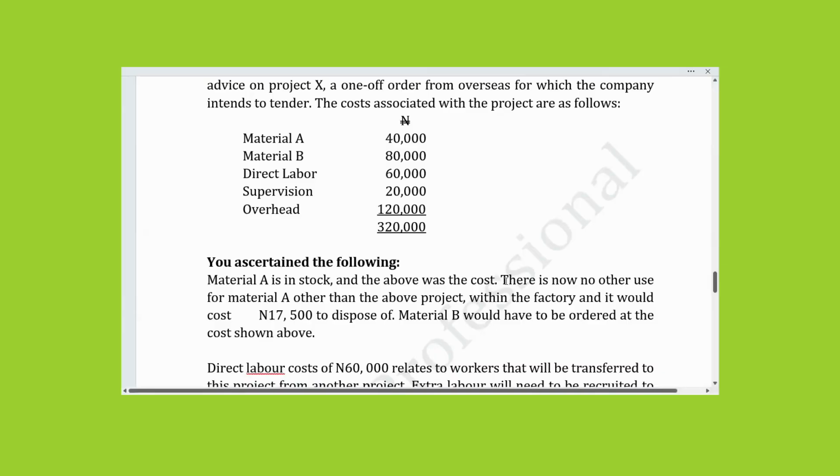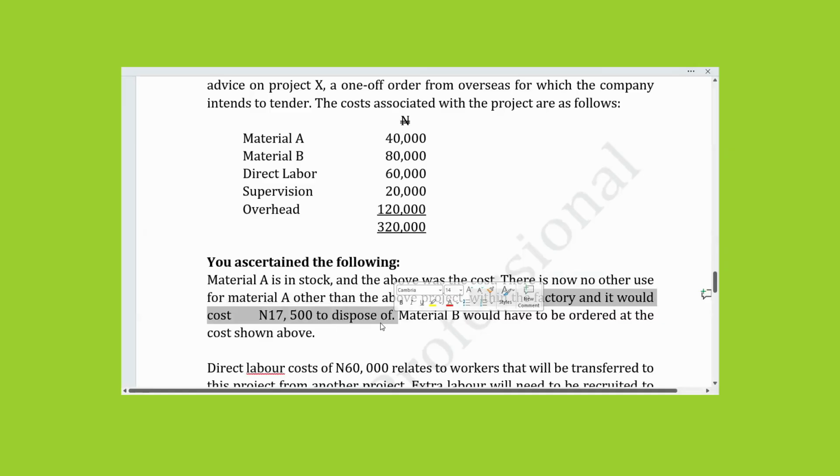Further, we are told that there is now no other use for material A other than the above project within the factory, and it will cost 17,500 naira to dispose of.